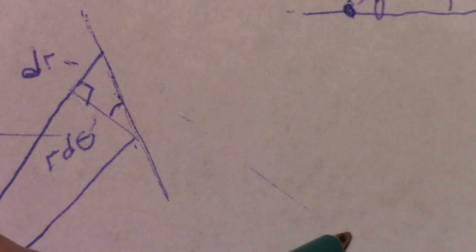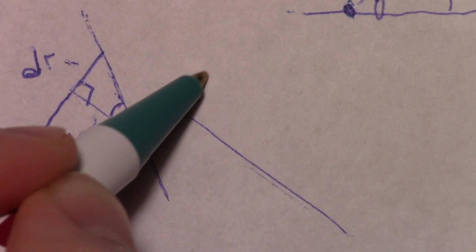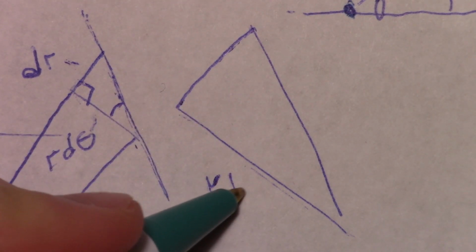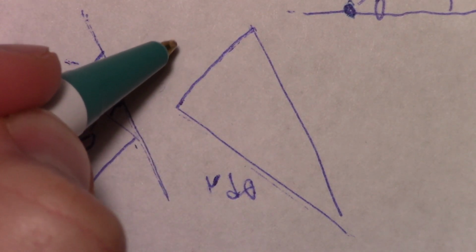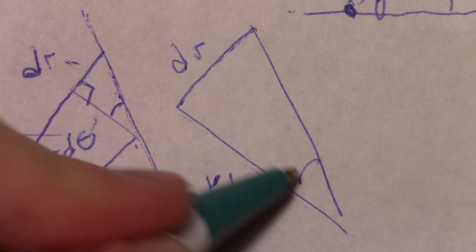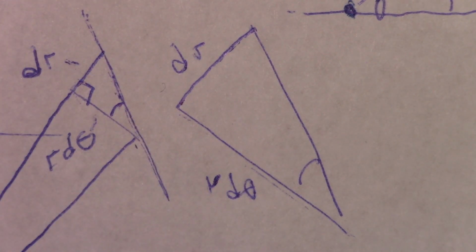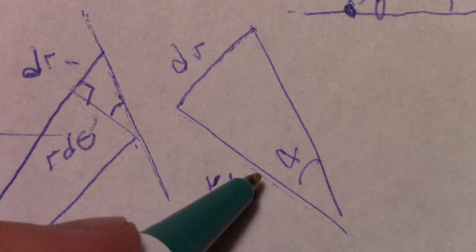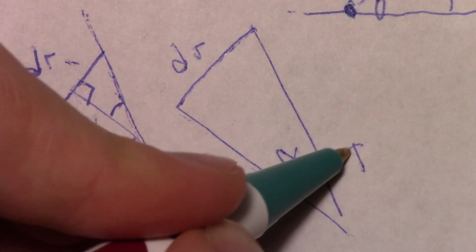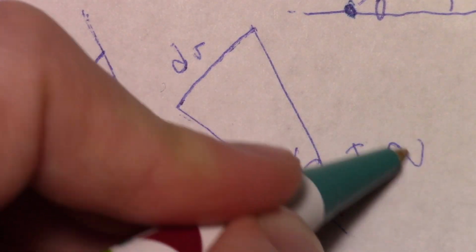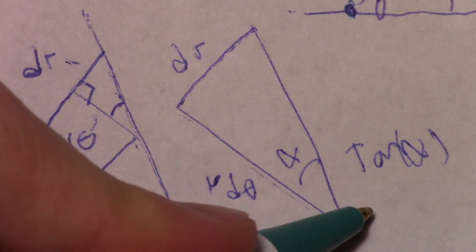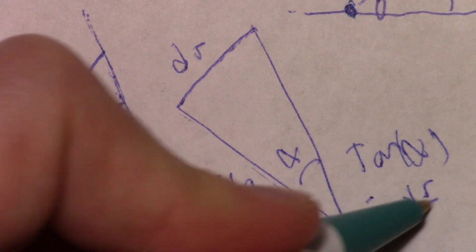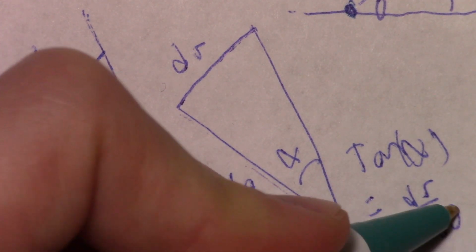How big is this? This side is r d theta. This side is dr. We'll call this angle alpha. So what is tangent of alpha? Tangent of alpha equals dr over r d theta.